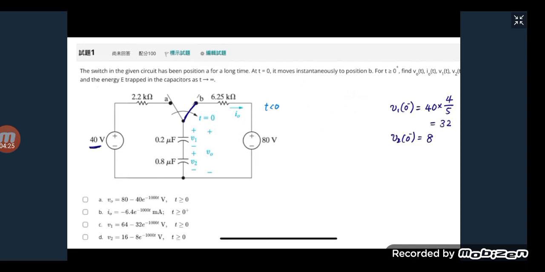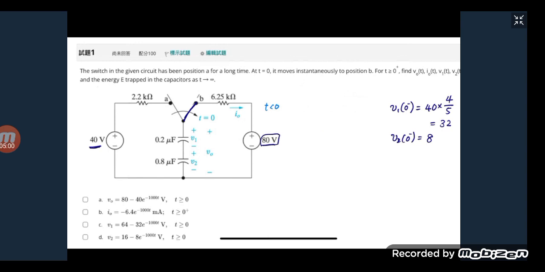Of course, you can create a differential equation to find the final solution. But here we have a quick method. Currently the two capacitors are connected to the 80 V voltage.